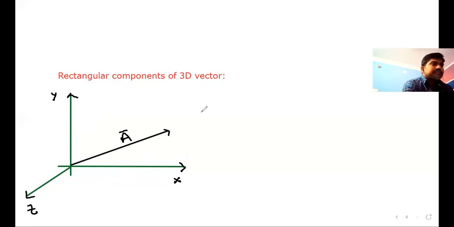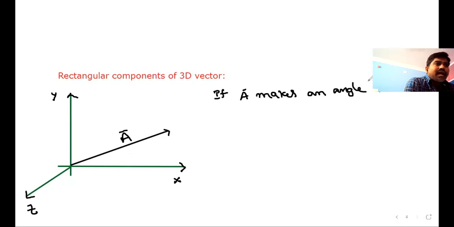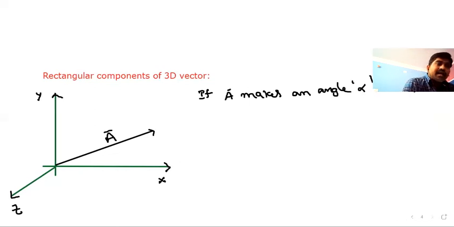For example, if A bar makes an angle alpha with the x-axis, it makes an angle alpha with the x-axis.